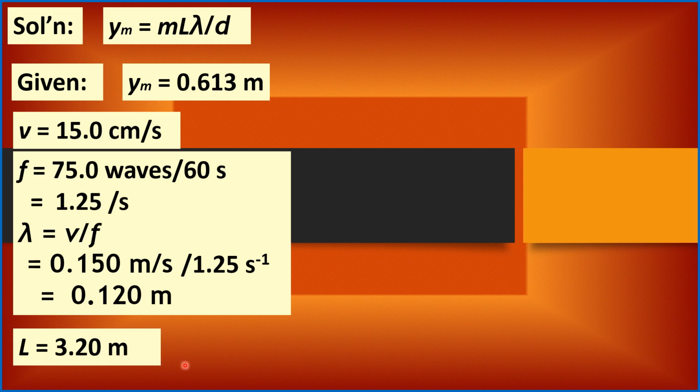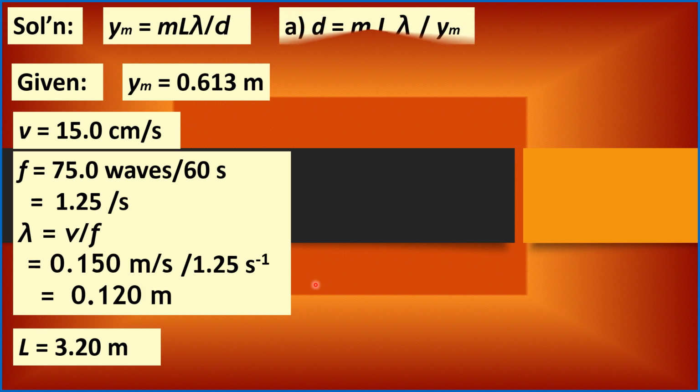So the first question, letter A, is for us to determine the size of the hole, and we represent that with the quantity D, or the width of the slit.